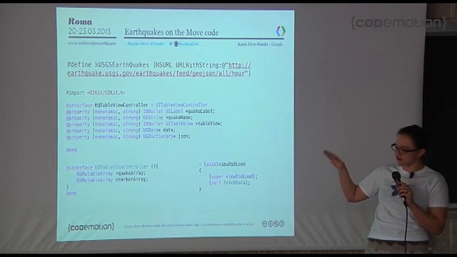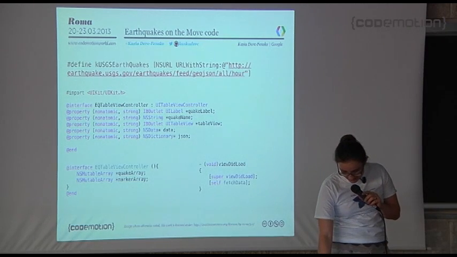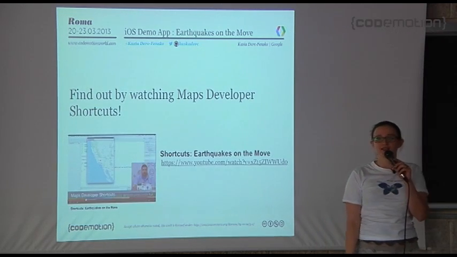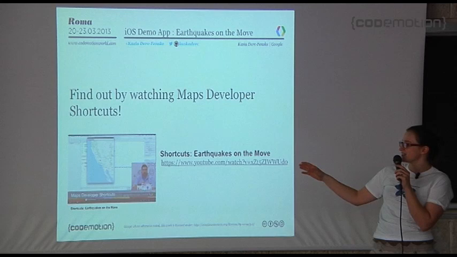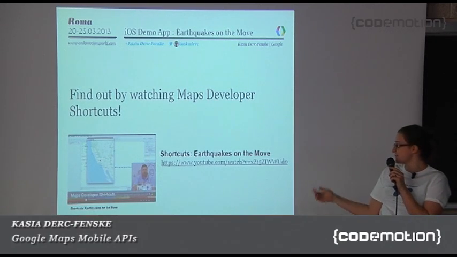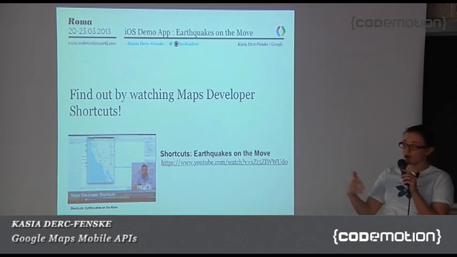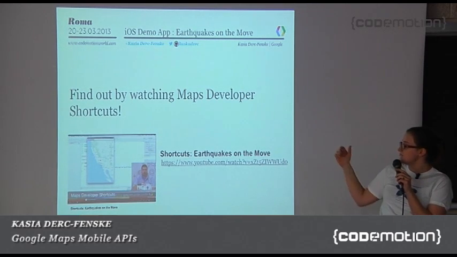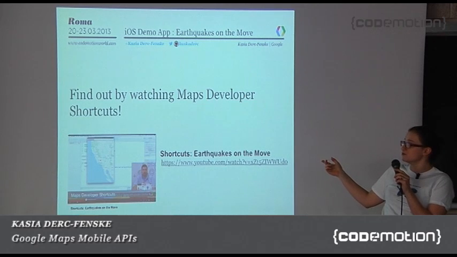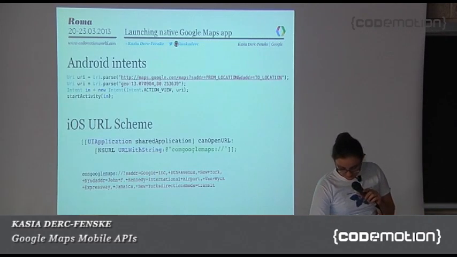And it visualizes them on the map, in a list, and you can click and you see where the earthquake is. And I would show it to you, but we don't have a lot of time. But there's another episode of Shortcuts with Mano, another great guy in the Maps developer outreach team. And he walks you through his application in Shortcuts, Earthquakes on the Move. You just search for it on YouTube, and it should be the first result.